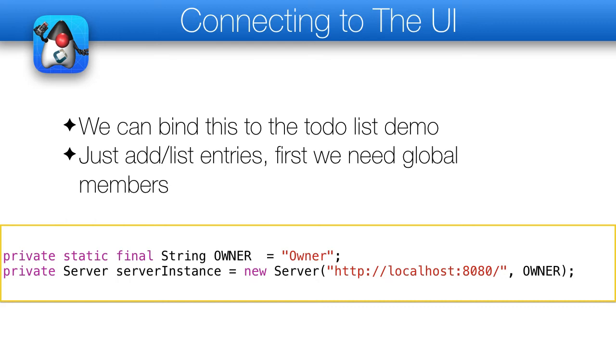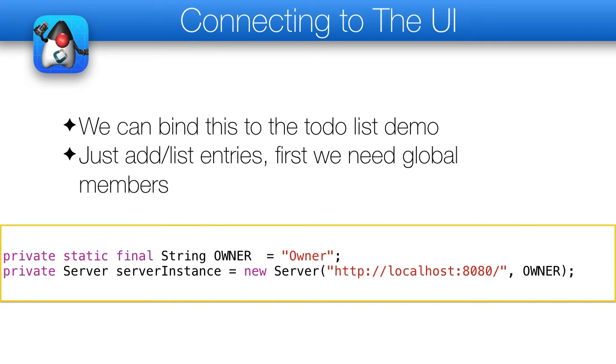So the first thing we need is to add two members to the main class that we had in the UI. One of them is the owner variable, which represents the owner. Previously in the web service I used shy as the owner. In this case I'm just using owner, so it won't show all of the experiments I did in the database.